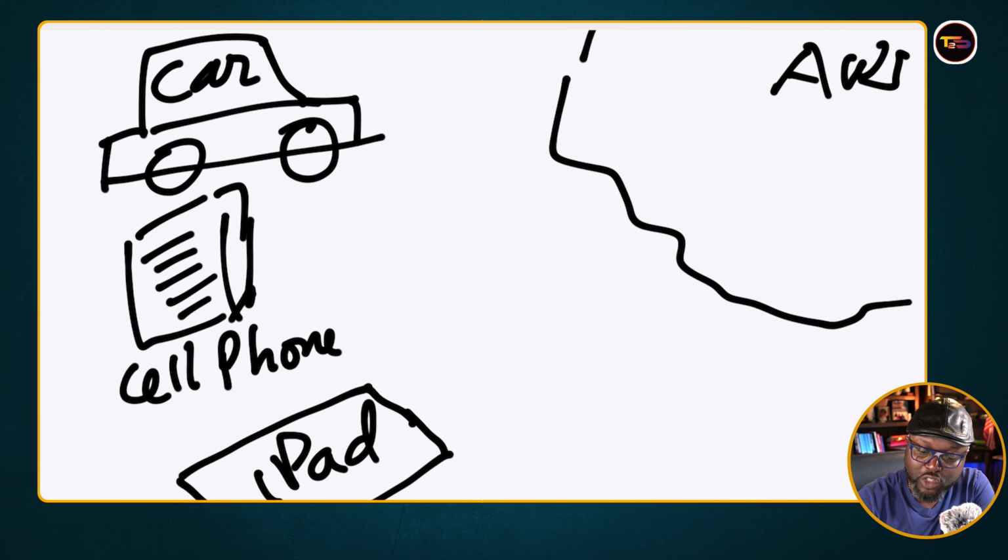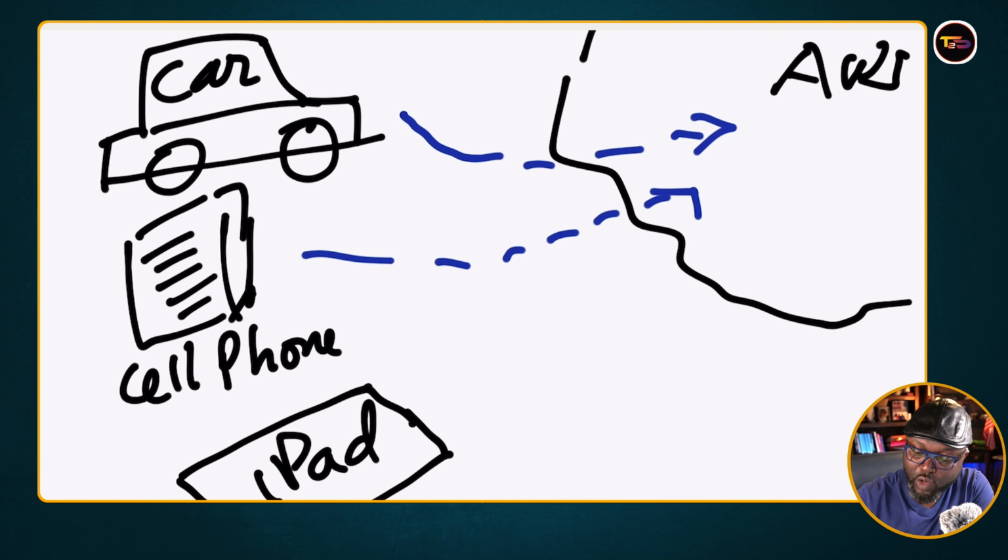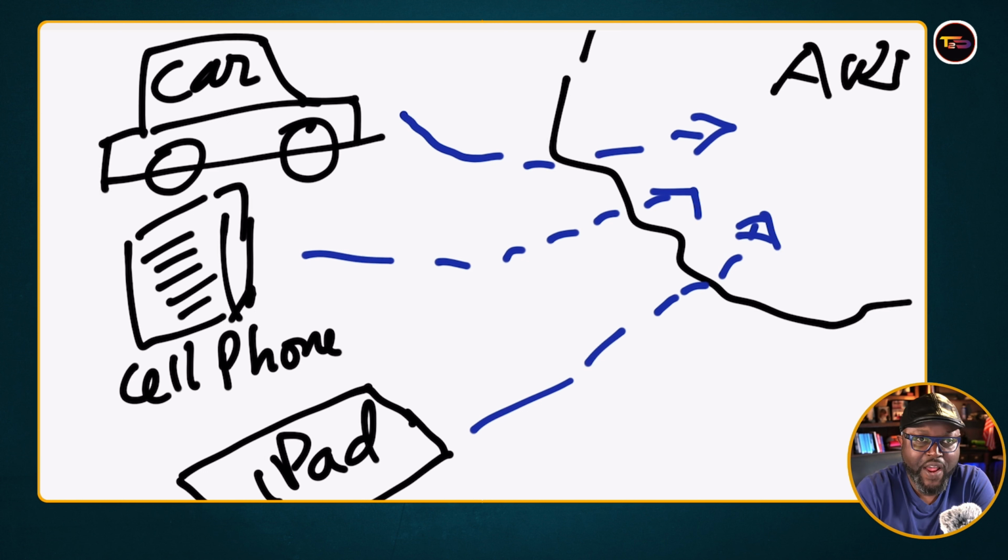And then what you want to do is connect this to the services that you host on AWS. For instance, an example could be a tracking service, like a location service.